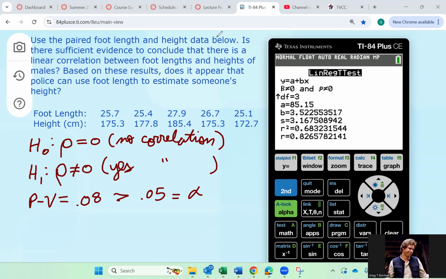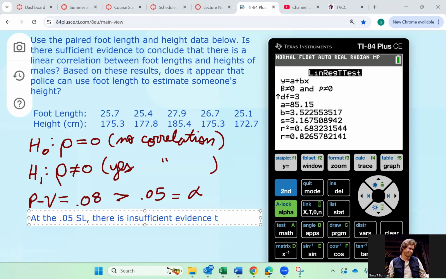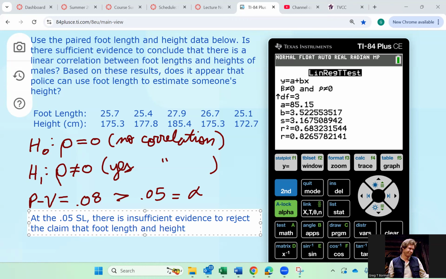I have not written one of these out in a while, so I probably should. So, at the 0.05 significance level, there is insufficient evidence to reject the claim that foot length and height are correlated.